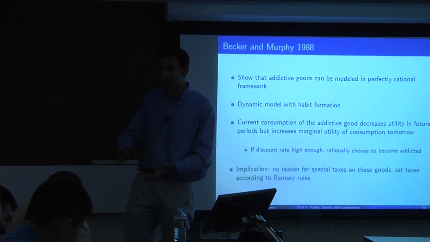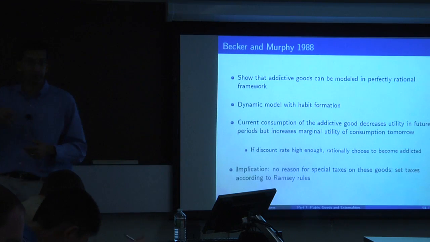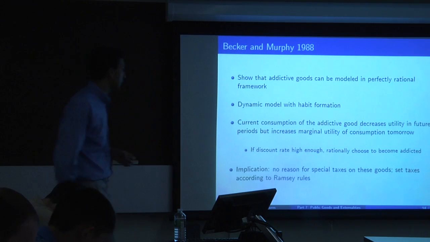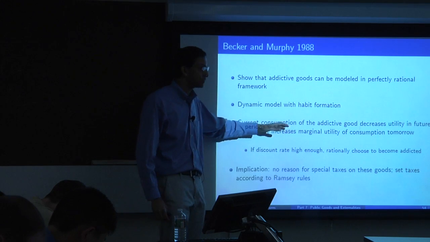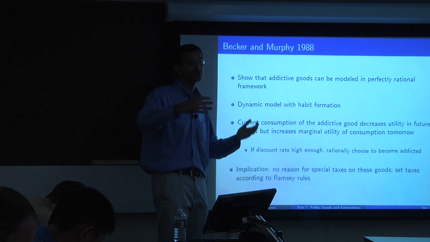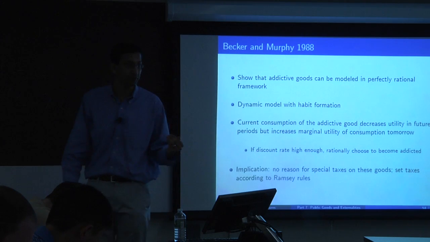So if I'm in period t minus 1, I have more utility today, but I'm going to reduce my utility tomorrow because I'm increasing my habit, increasing my stock. But it's going to increase the marginal utility of consumption tomorrow. So if I've been smoking a lot, my marginal utility of further consumption is very high, and so I want to continue to smoke, okay?